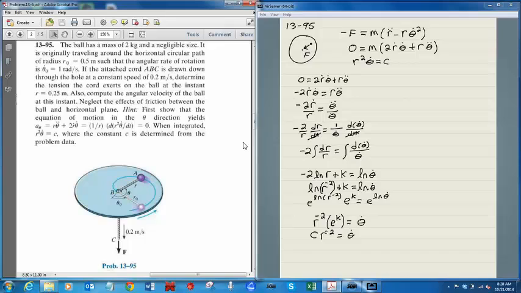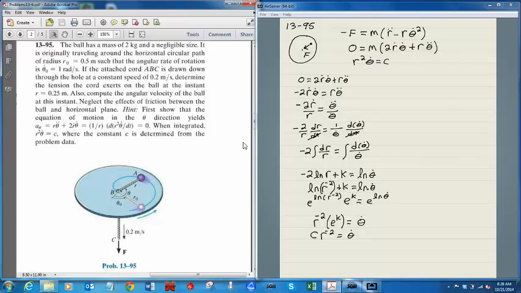What we want to do is identify what the constant C is, and to do that they told us that at a particular radius, at the beginning essentially, r was equal to 0.5, and at that time the theta dot was equal to 1.